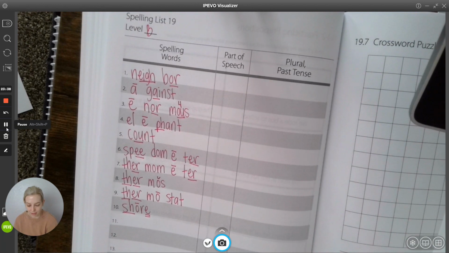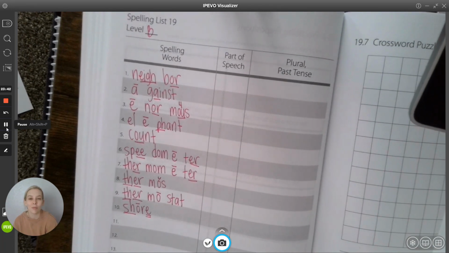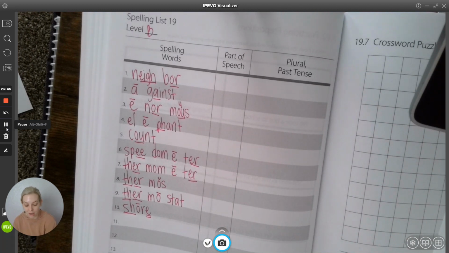Number 11, dozen. Normally when we say dozen, there's a schwa sound there. Dozen. There are a dozen donuts in the box. Two syllables in dozen. First one is doz. Sound it out. D, o, z. Finger spell.